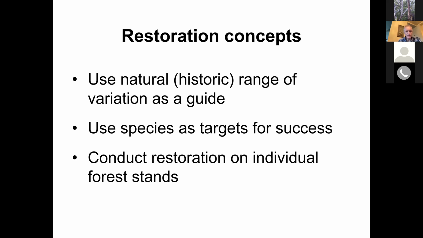Now, one thing we've used a lot in the past is the natural range of variation, sometimes called the historic range of variation, for things like fire, various forest characteristics as a guide for how we might restore current forests to those conditions. Then typically we have used species as targets for the success of those restoration projects. Now, restoration has typically been applied at relatively small spatial scales like forest stands, so it's had some impacts, but maybe somewhat limited over the big picture.